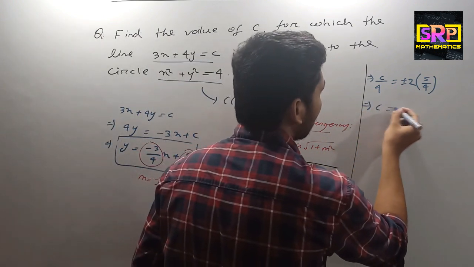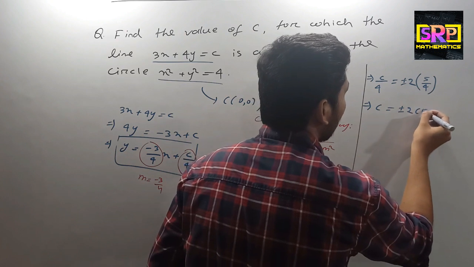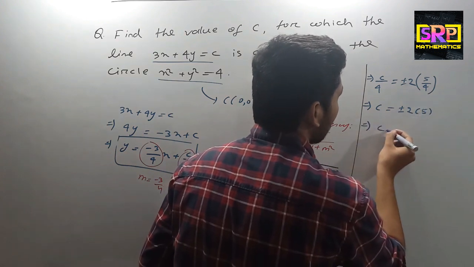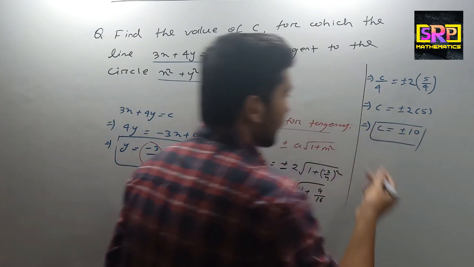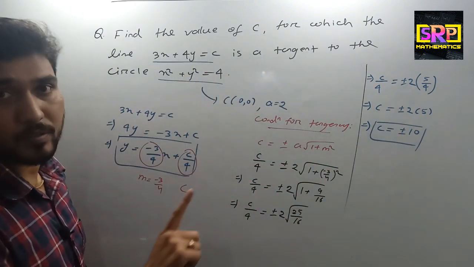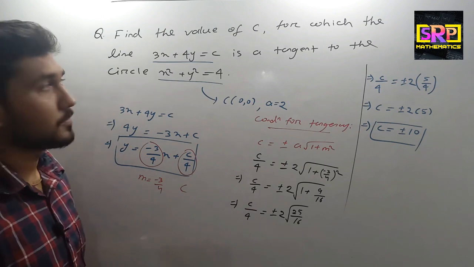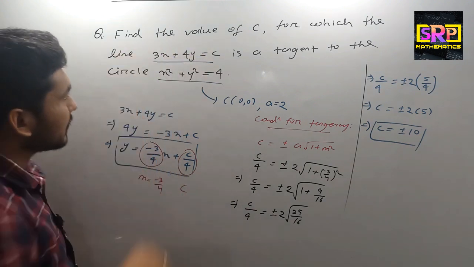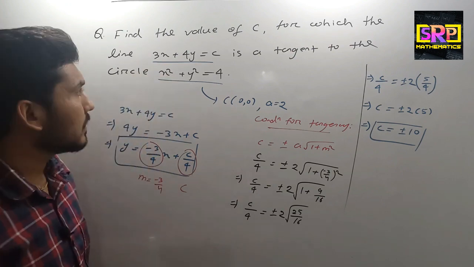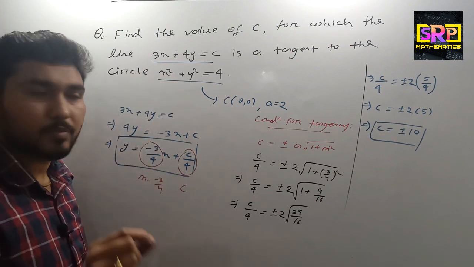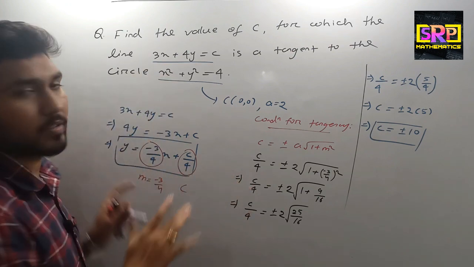So c will become plus or minus 2 into 5, which is c equal to plus or minus 10. That means we are getting two values of c, that is for plus 10 as well as for minus 10. The line 3x plus 4y equal to c will become the tangent for the circle x square plus y square equal to 4. So this is our conclusion.